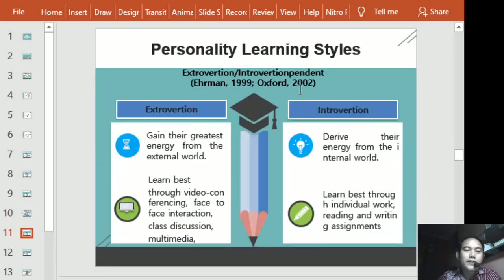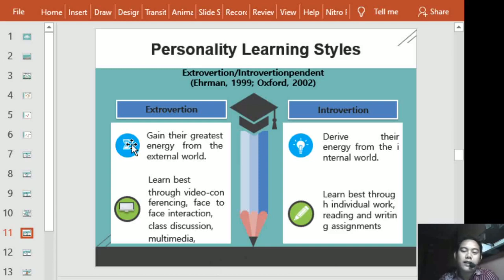And then the personality learning styles. We have these two, extroversion and introversion, according to Ehrman 1999 and Oxford 2002. The first one is the extroverts. Extroverts gain their greatest energy from the external world.